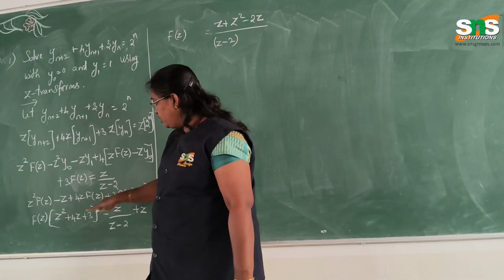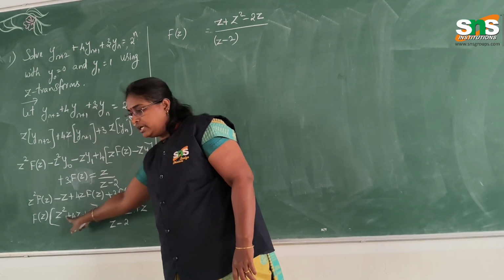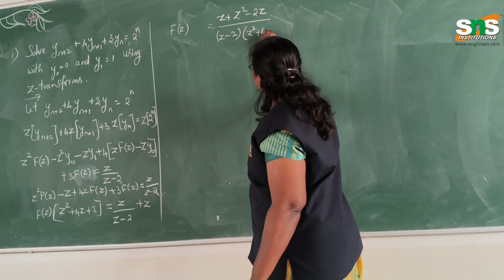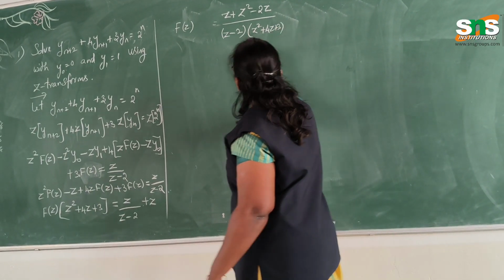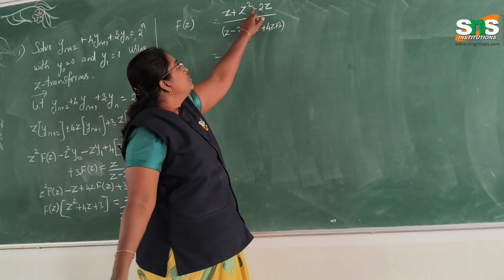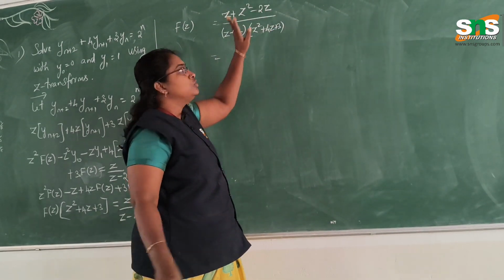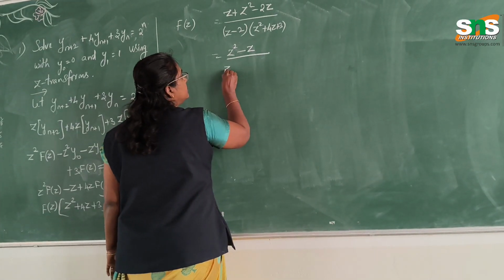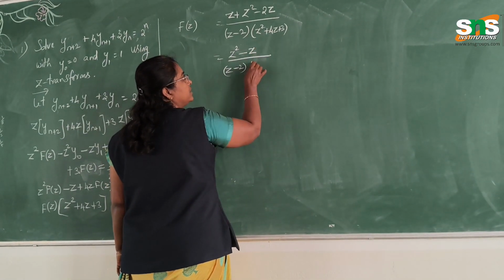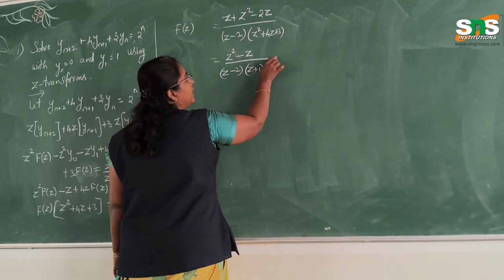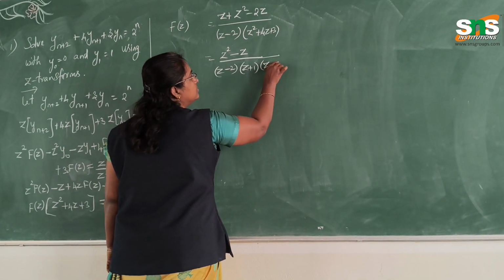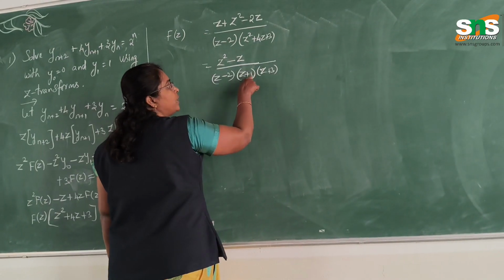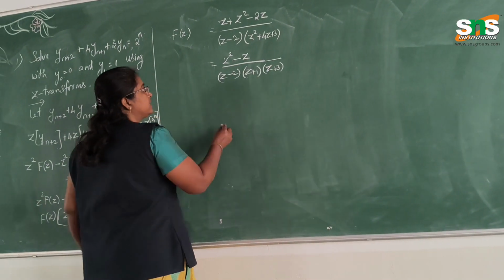I am taking the quadratic expression to the right side denominator, so z squared plus 4z plus 3 will come. After this, z squared minus 2z, so you get z squared minus z divided by z minus 2 times, factorizing this term, z plus 1 and z plus 3. z into z squared, 1z plus 3z is 4z, 1 into 3 is 3. So we got the correct one.